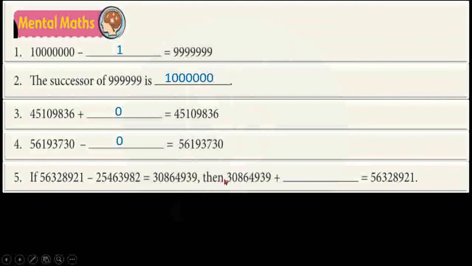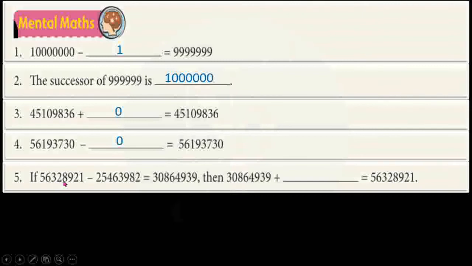So just look at these numbers. We have the difference of two numbers here. On subtracting this number from the first number, we are getting the difference. Then this difference is given here, plus a blank space is left over here, and the number given as a sum is the minuend.